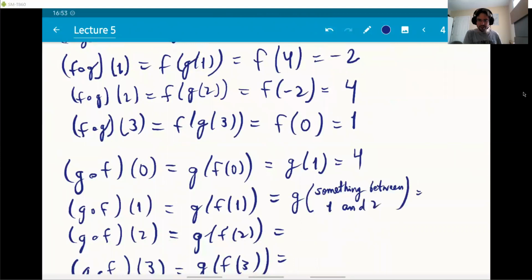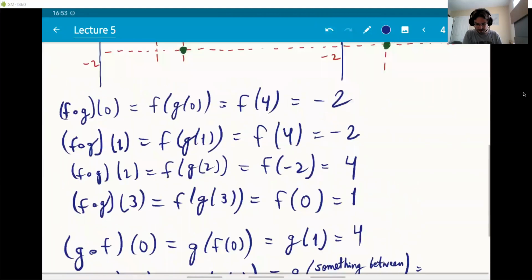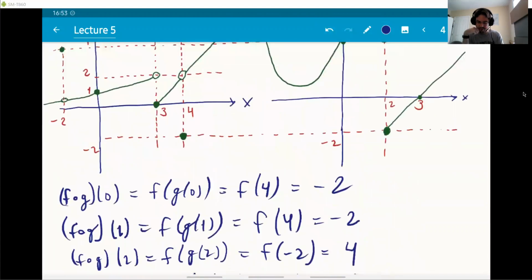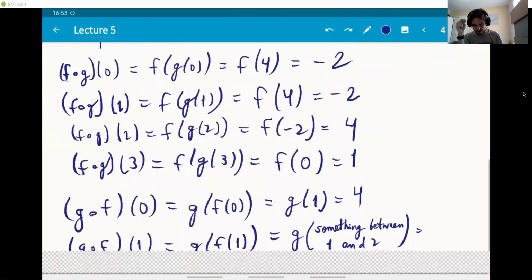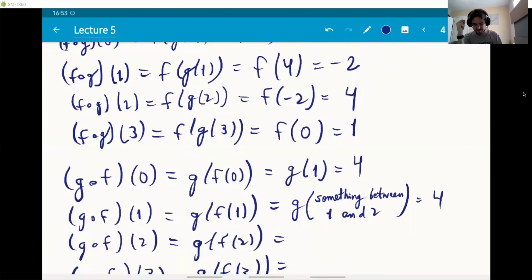But then when you look at the graph of g, you see that g of something between 1 and 2 is again just corresponding to this place where the graph of g is horizontal. All these numbers have g equal 4. So even though we did not really know the value of the function f there, we can still determine g of that. Kind of a trick question here.